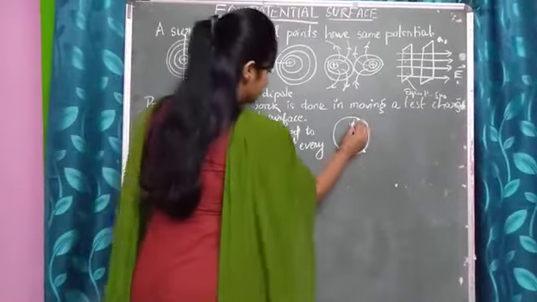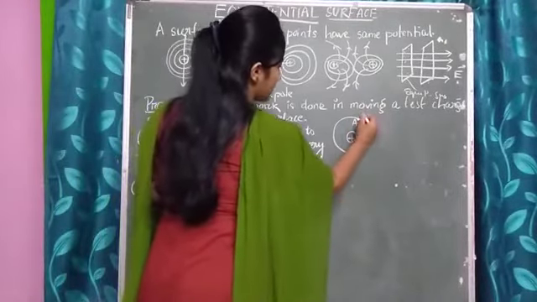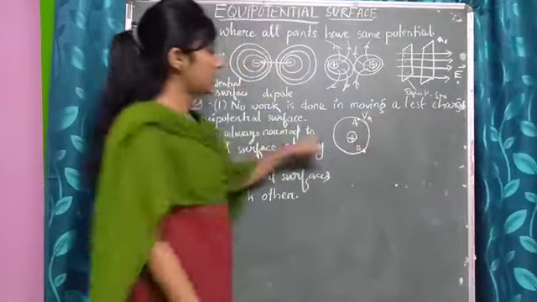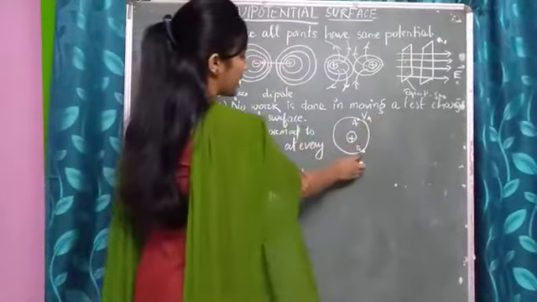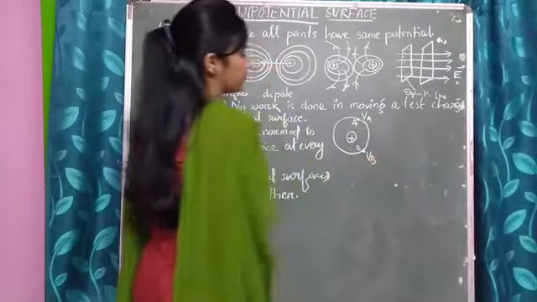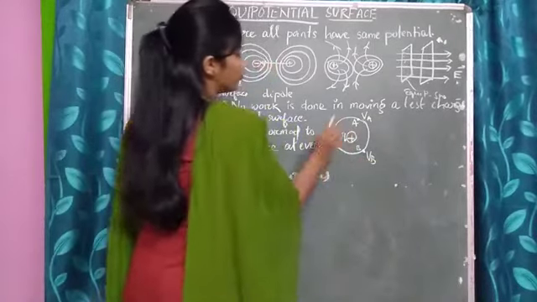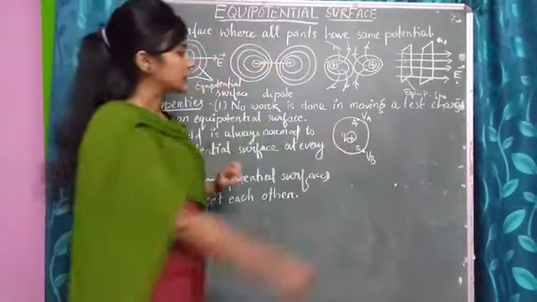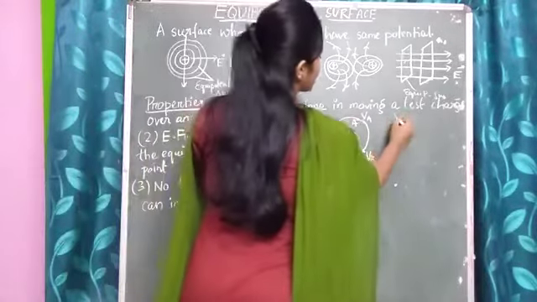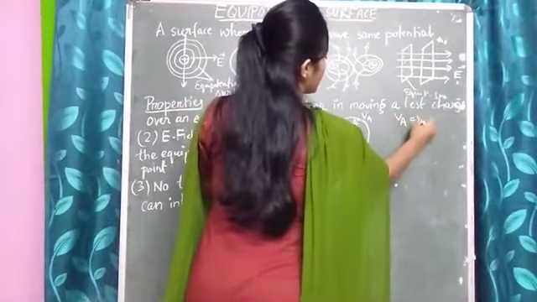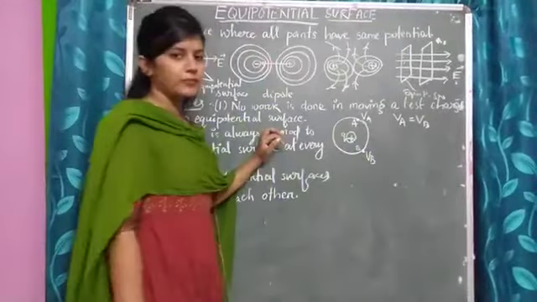For these two points, the potential at point A is VA and at point B is VB, and the charge is Q. But since it is an equipotential surface, VA equals VB.